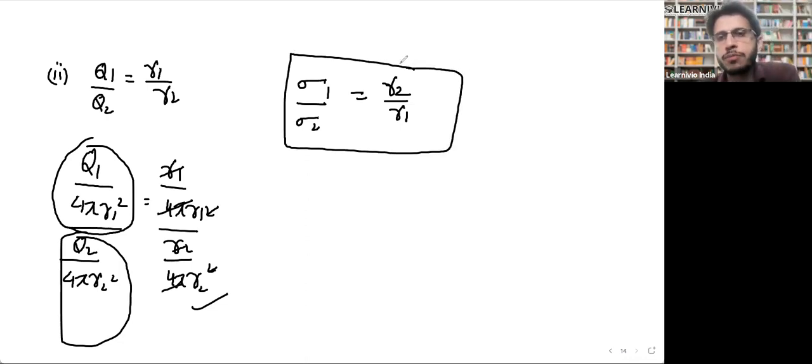So sigma 1 by sigma 2 is R2 by R1. That's the ratio. Now the third part.